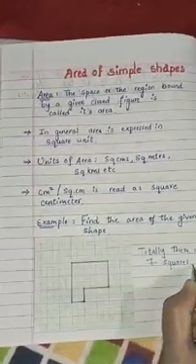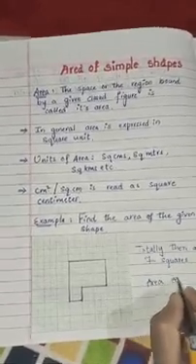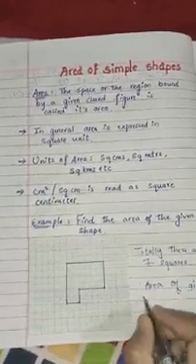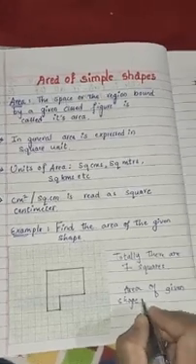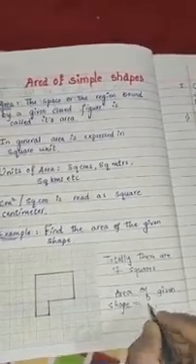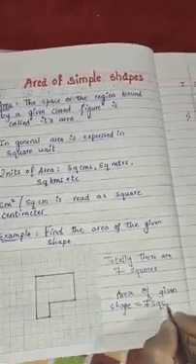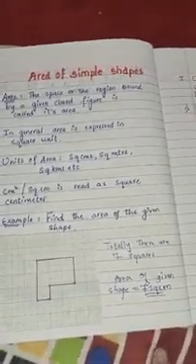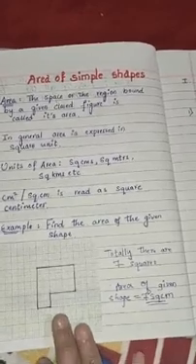Therefore, the area of the given shape is equal to 7 square centimeters. Understood, children? How to find the area of the given shape?